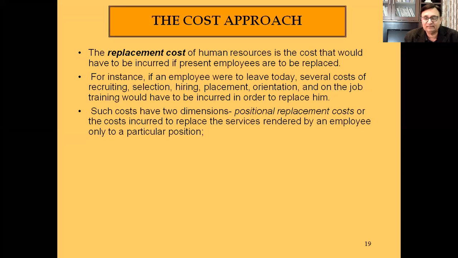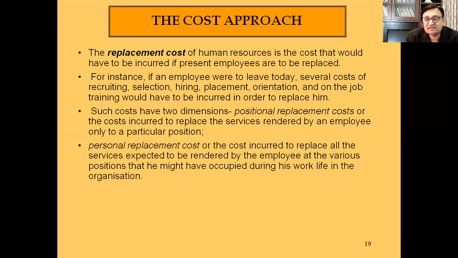For example, a general manager is replaced. That means to get the work from the new general manager, you have to incur various kinds of costs. So these are the positional replacement costs. Secondly, personal replacement costs, or the cost incurred to replace all the services expected to be rendered by the employee at various positions that he might have occupied during his work life in the organization.